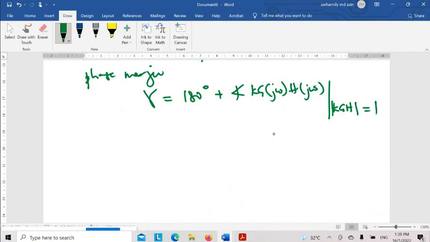Okay, so now based on our open loop, we have KGH.